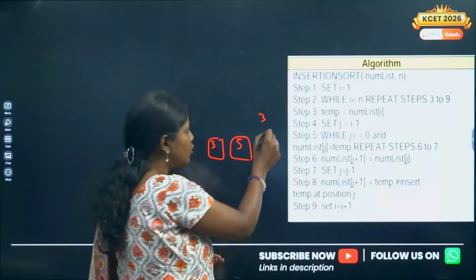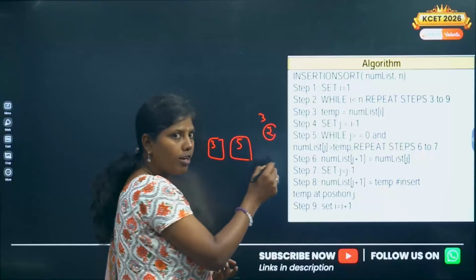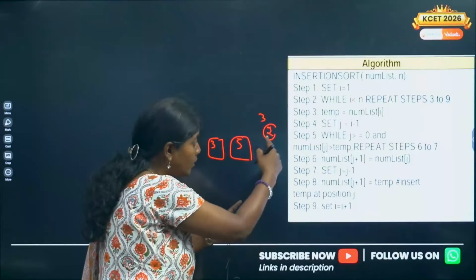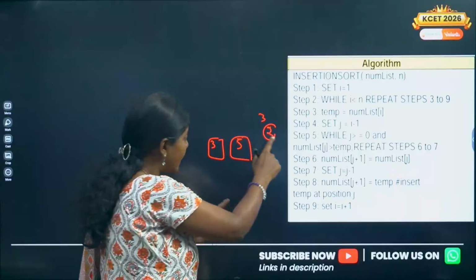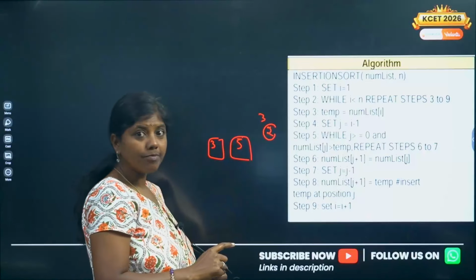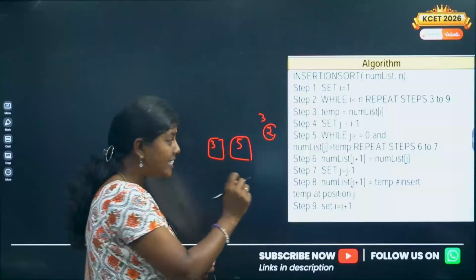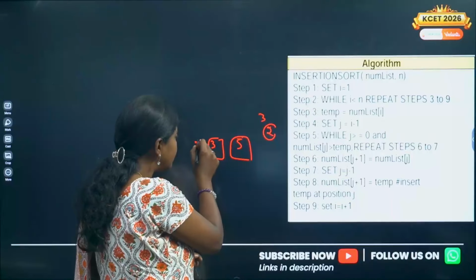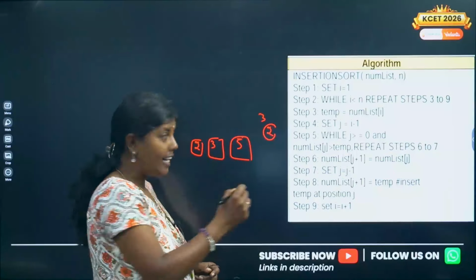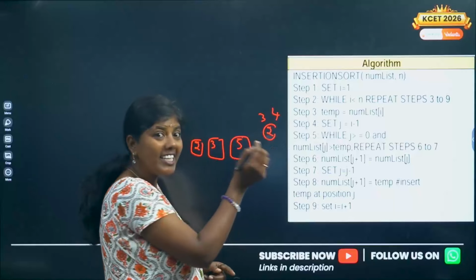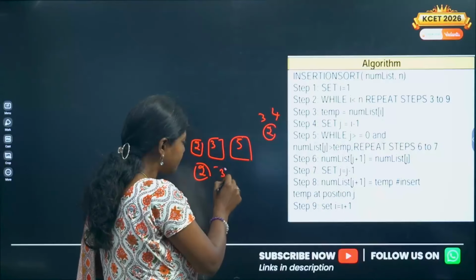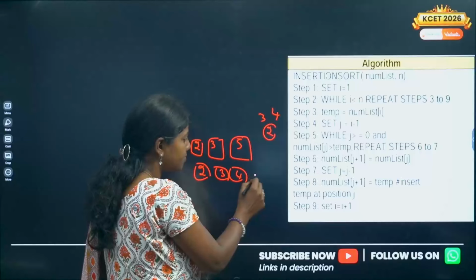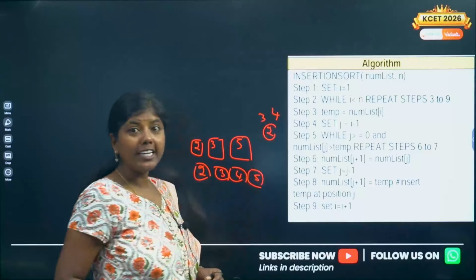And let's consider 2 she has got, so she'll compare 2 with 5. She's not going to place it. And again 2 and 3 is there, she's not going to place it. So she understands that 2 should be placed here. Again she'll get 4 now. Where will she place it? She's going to place it here. Is the point clear?